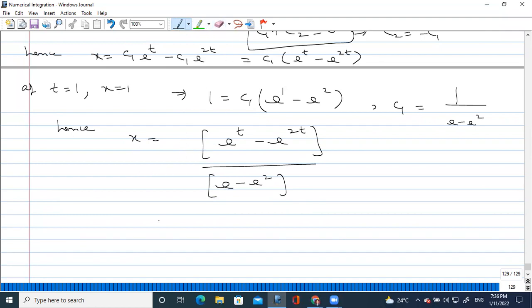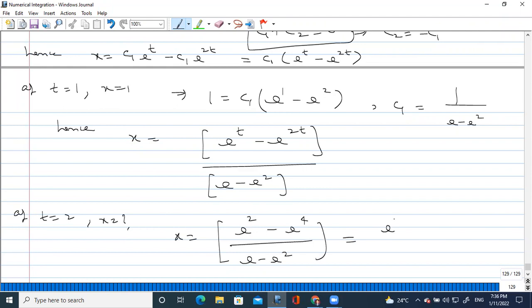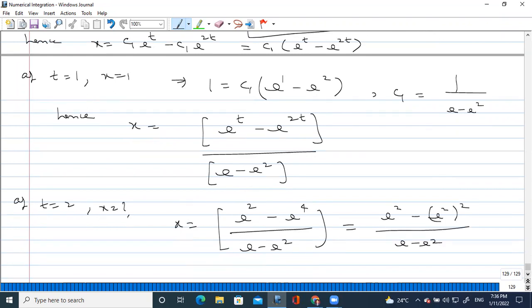Okay. Now what have they asked? They have asked: at t equal to 2, what is x? So this is my question. Put it here. x at t equal to 2 will be (e² minus e⁴) divided by (e minus e²). Now you can consider this as (e²) minus (e²)² divided by e minus e².